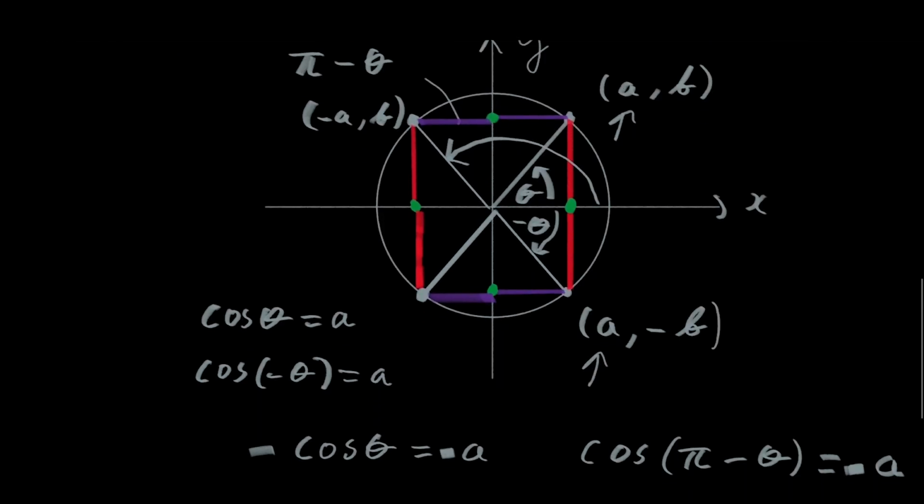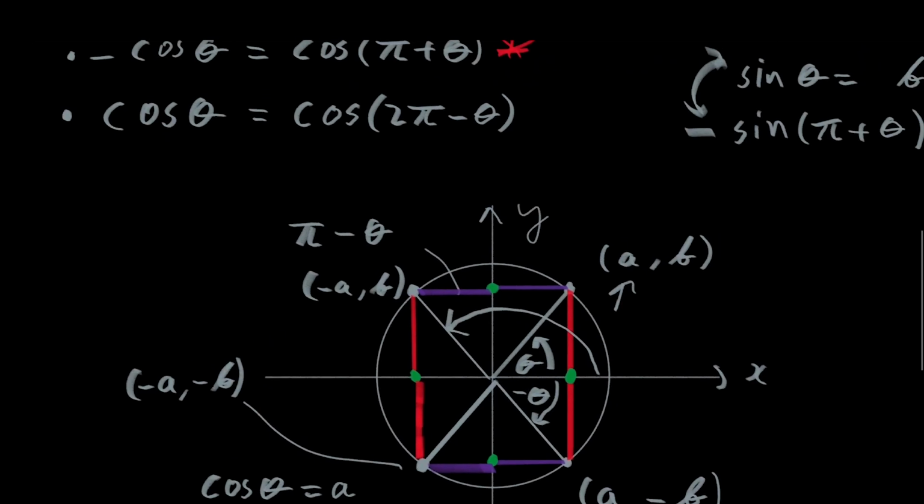So I think that you can see that the coordinates of this would be negative a and negative b. Negative a and negative b, because we are in the quadrant where both x and y are negative.